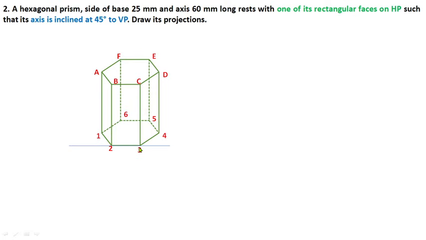So I can easily say the hexagon has to be drawn in the front view with one of its edges touching the XY reference line, being the rectangular face on HP. That means one of the corners must touch the XY reference line in the front view.